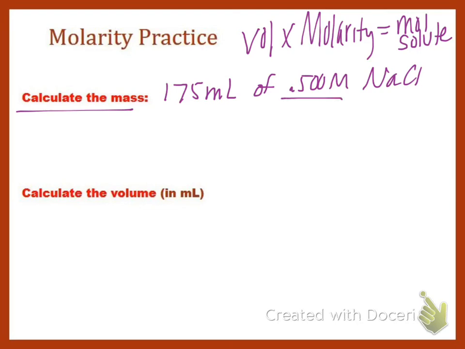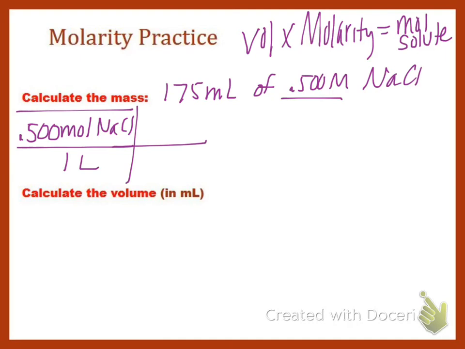So start with molarity, 0.500 moles of NaCl per 1 liter. If I multiply by 0.175 liters, I get rid of liters. Now I'm in moles of sodium chloride. How can I get to grams? Molar mass.